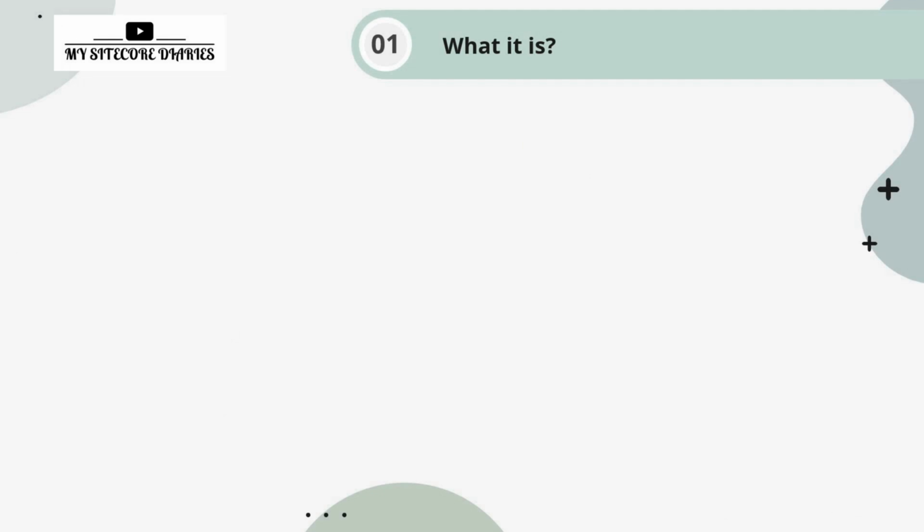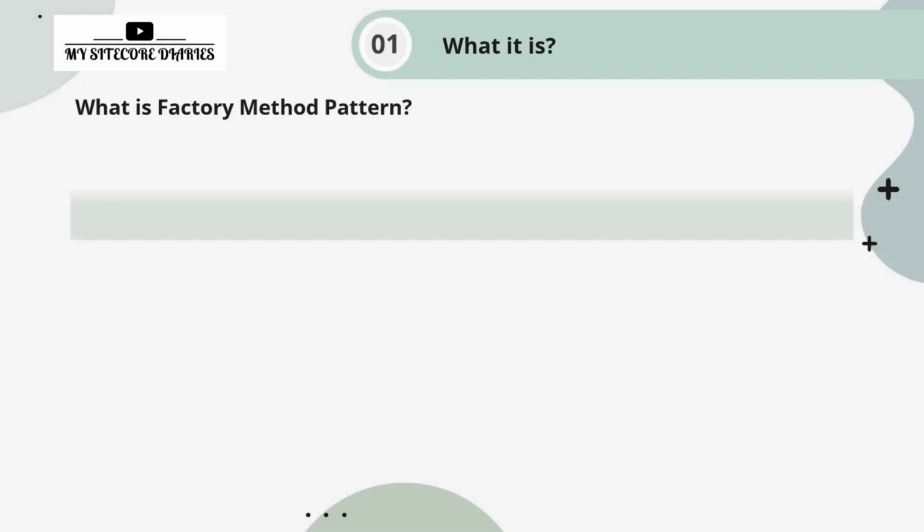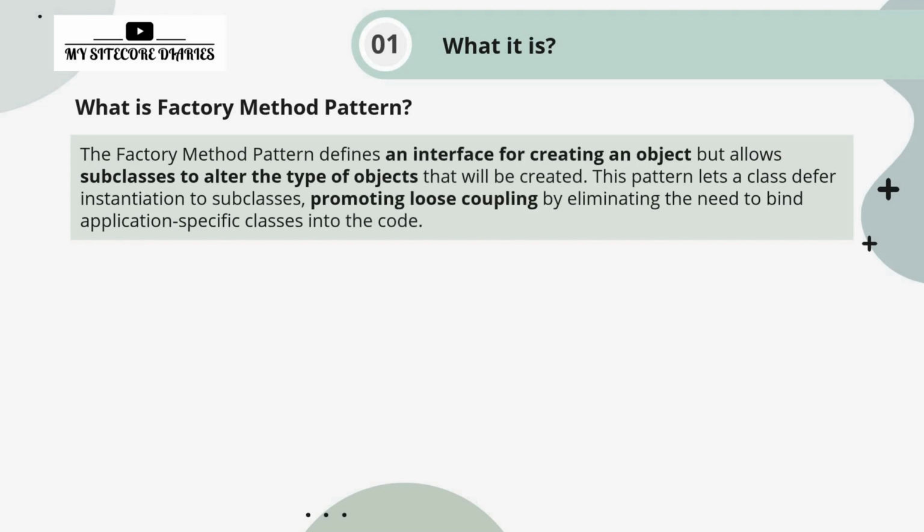Okay, so what is the factory pattern? The factory pattern defines an interface for creating an object, but allows subclasses to alter the type of objects that will be created.